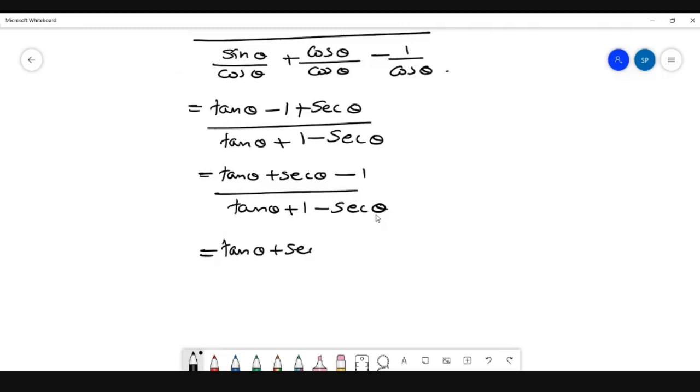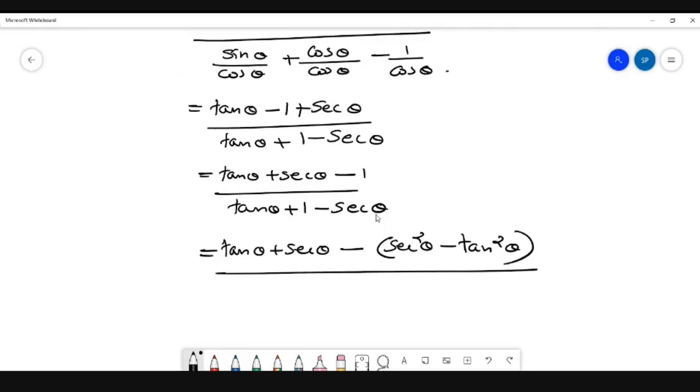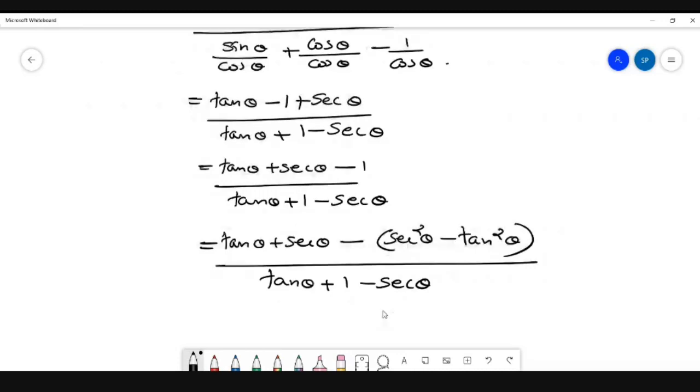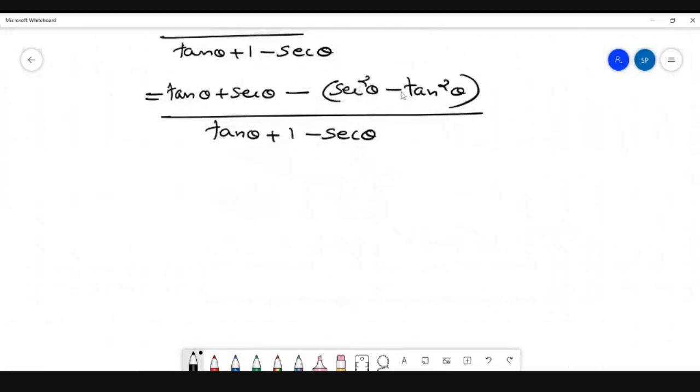That we have, tan theta plus sec theta minus 1 can be written as sec square theta minus tan square theta, whole divided by, we write the denominator as it is. Now we can factorize this expression using a square minus b square.